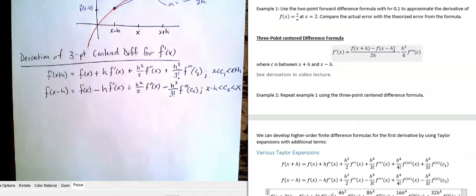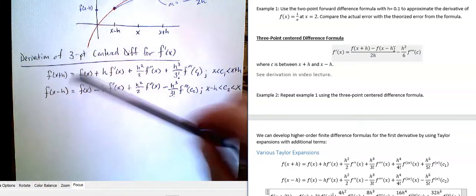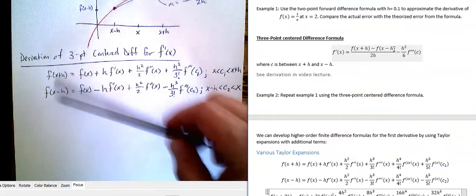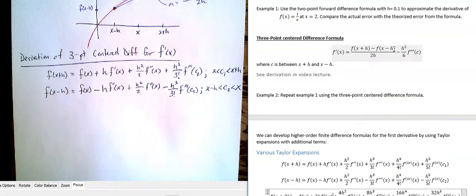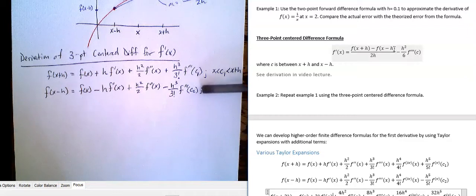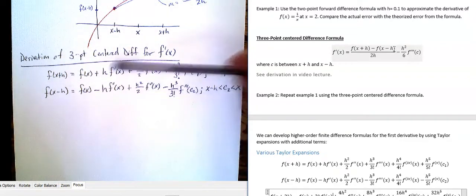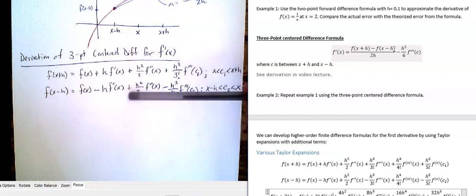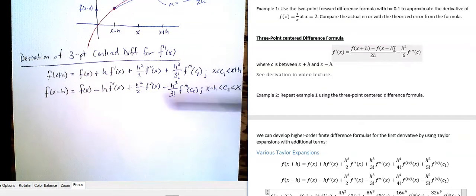All right, so when we're developing a finite difference formula, we utilize all of the known values of f that we want, and we try to create something that has, so again, we're going to solve this for f prime. We're going to have an error term that is of the third derivative.